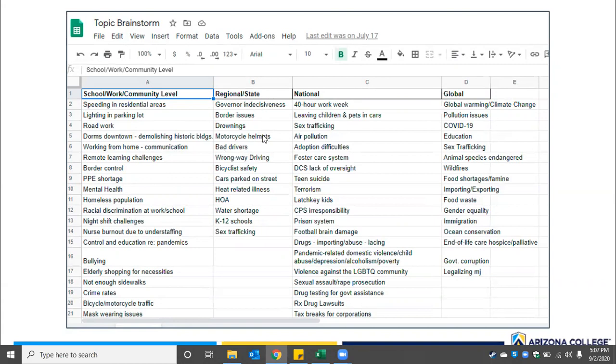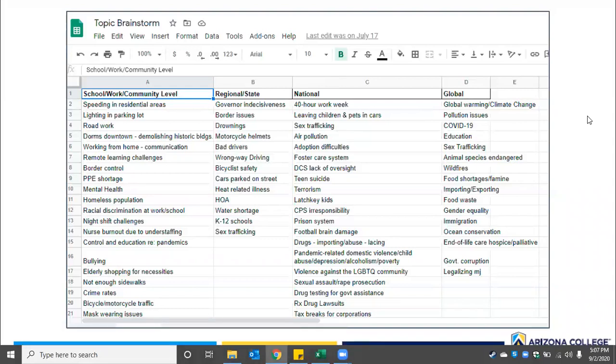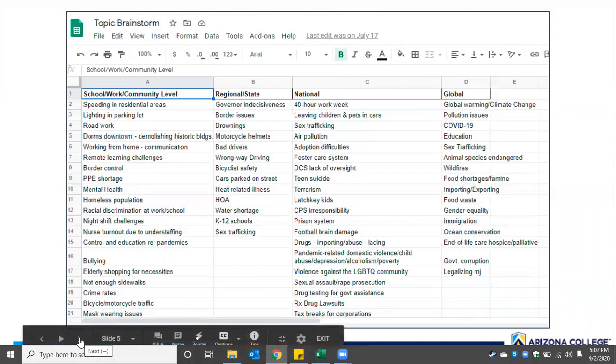These were some of the problems that my students just chimed in with, and we made a list of all of them. And then the national level, and then the global level. So finding something to write about if you don't have a prompt given to you by your instructor, this is really helpful in sorting through some of the different ideas that you can choose from.